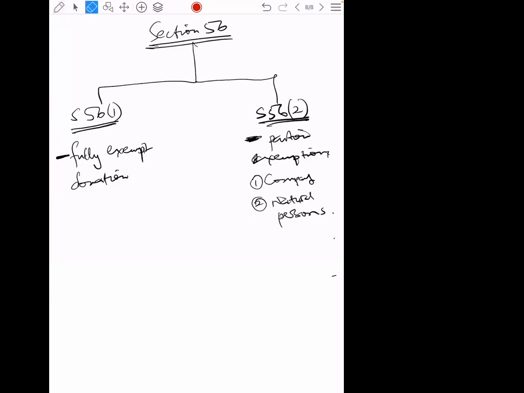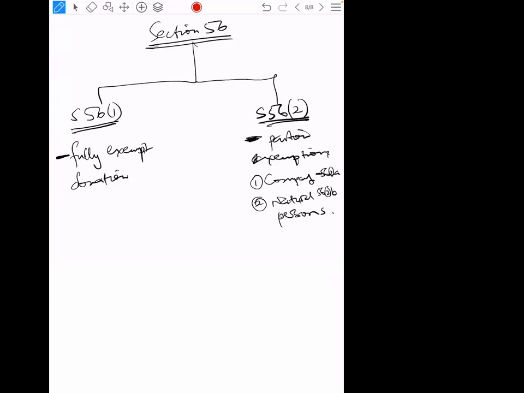Remember, just to preempt this, if you are a natural person, up to 100,000 of the donations made during any year of assessment is not subject to donations tax. You take it out. This will be your 56 2B. This will be your 56 2A.